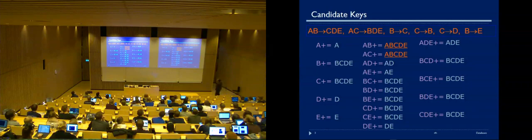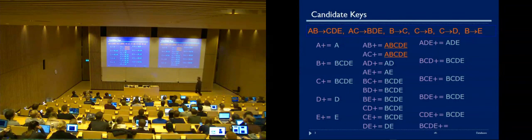We have made sets of 3, a bit larger than the sets of 2 we had here, but still the closure remains just these 4 attributes. They didn't get any larger. Are we done? No. We have to check sets of 4 attributes as well. And again, we are not supposed to check sets of 4 that already include one of the candidate keys, right?